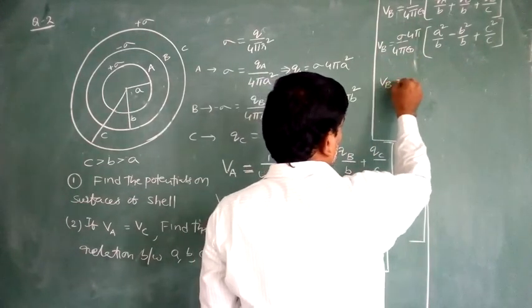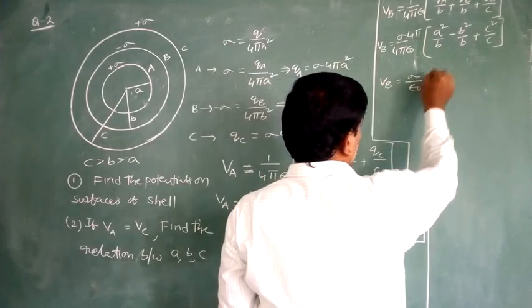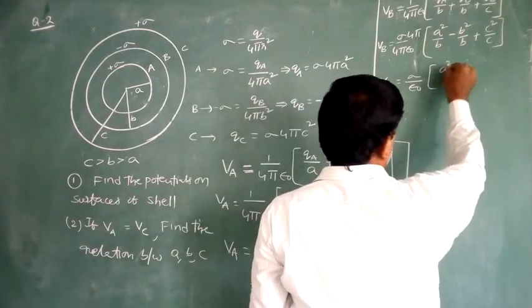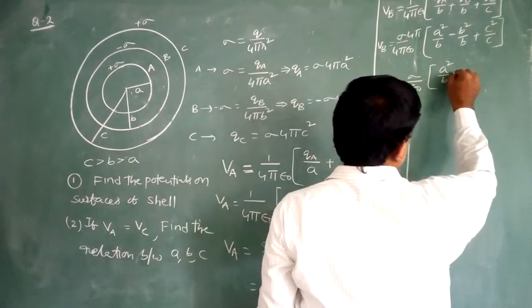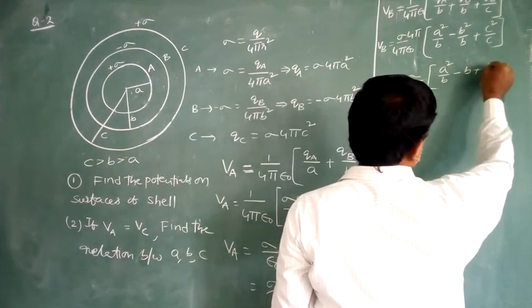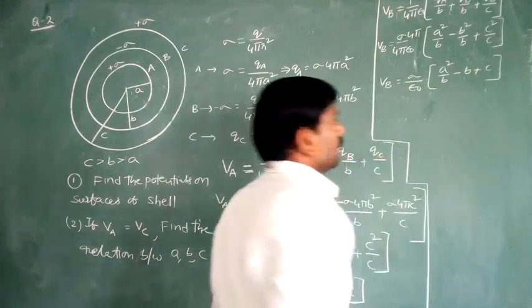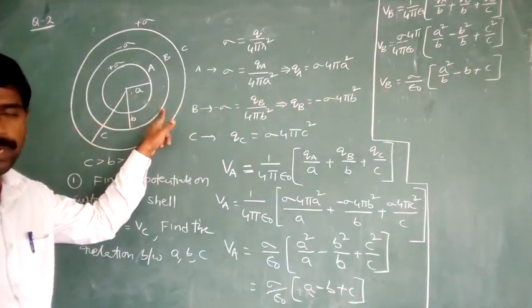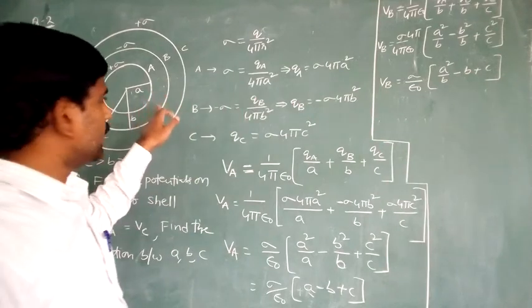Therefore, VB is equal to sigma by epsilon naught into A square by B minus B plus C. This is the potential on the surface of the second shell.